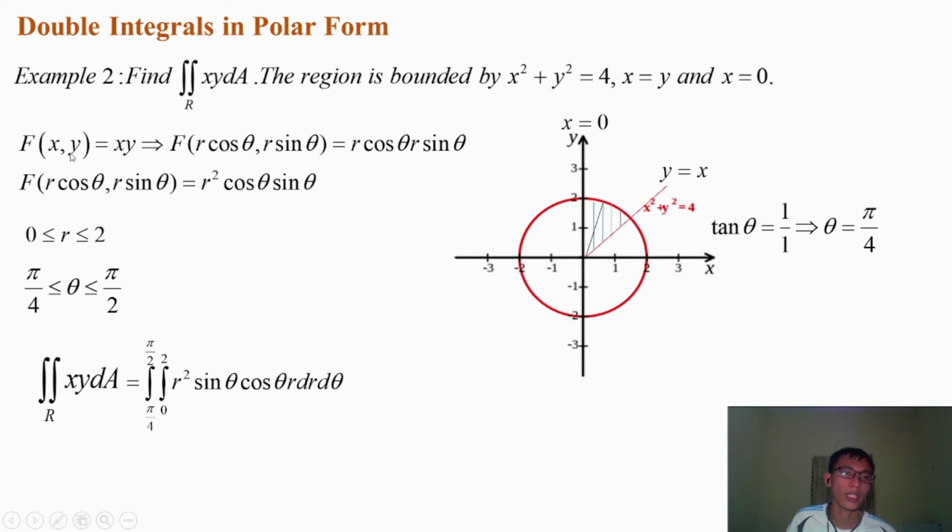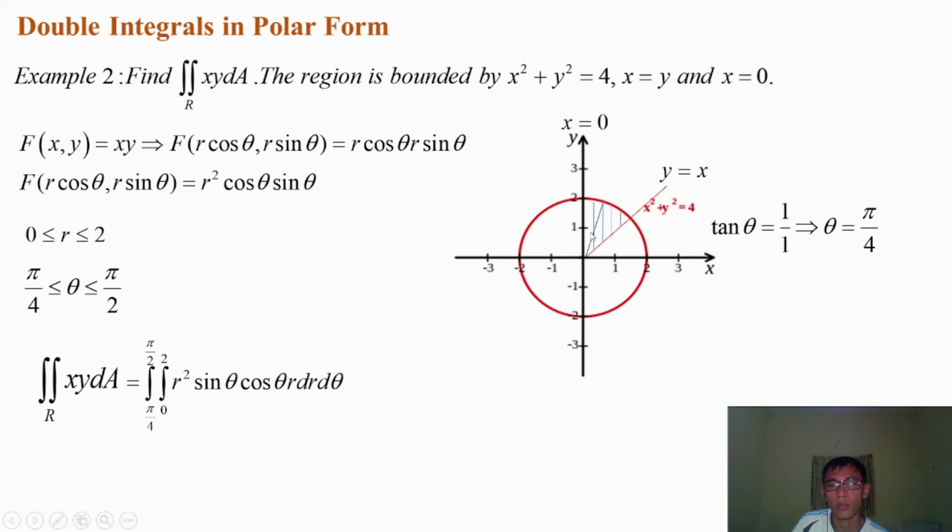As we can see here, our f of x and y is equal to x multiplied by y. Substitute x by r cosine theta and y by r sine theta, then we get r cosine theta multiplied by r sine theta. So f of r cosine theta and r sine theta is equal to r squared cosine theta sine theta.